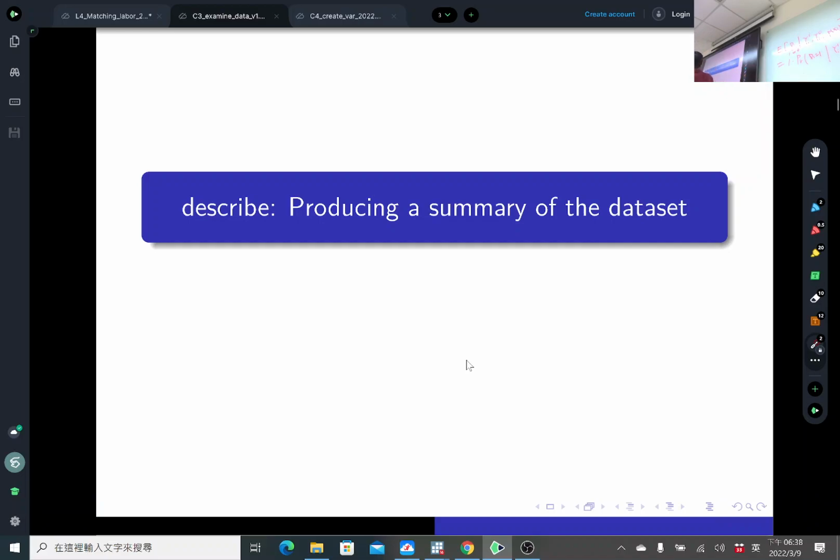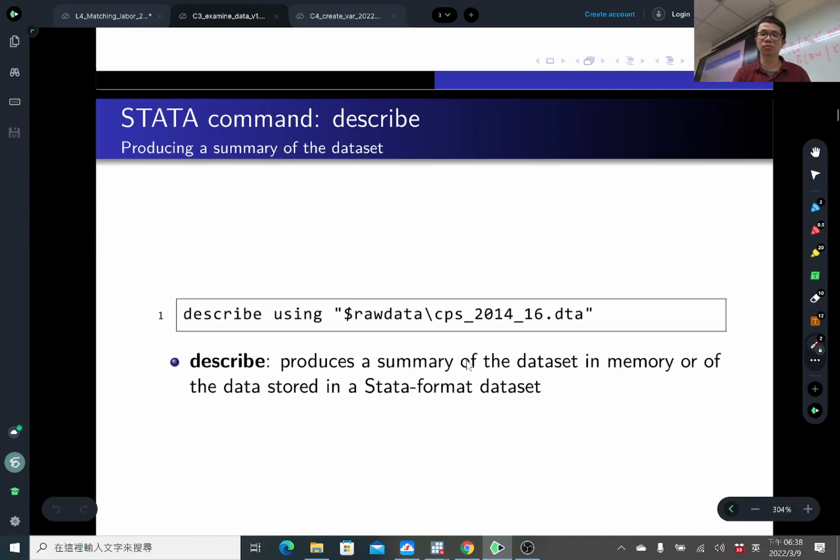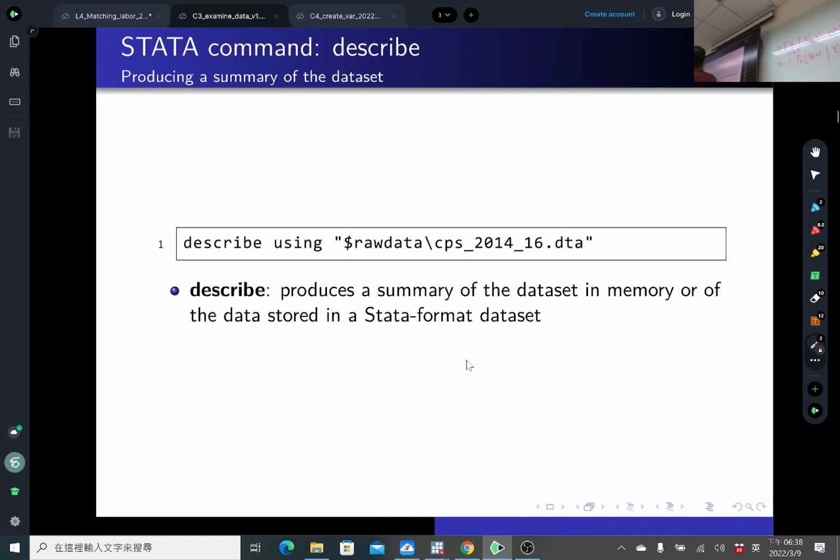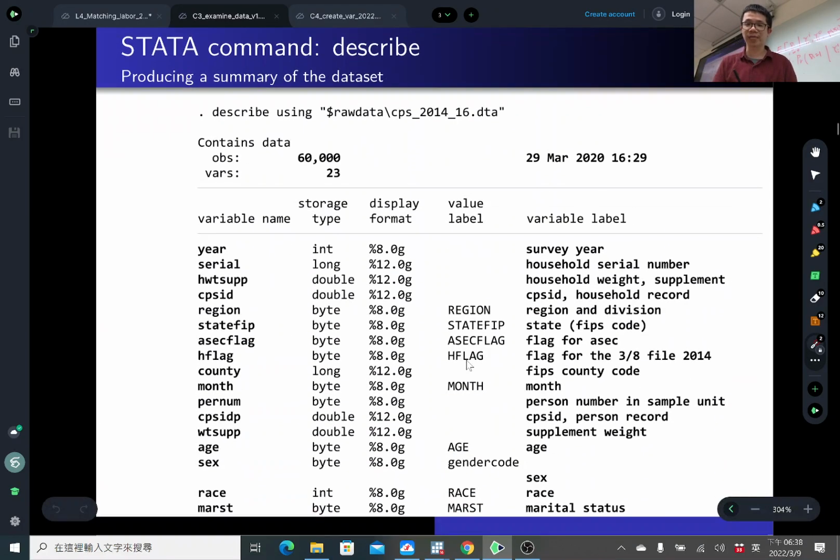So the first command is describe. It basically will generate a summary of your data set. So you can just type describe when you want to explore this data set, and it will generate a summary of your data. The output looks like this.